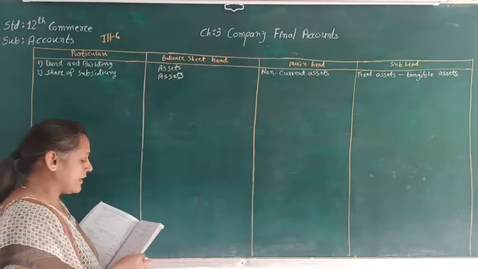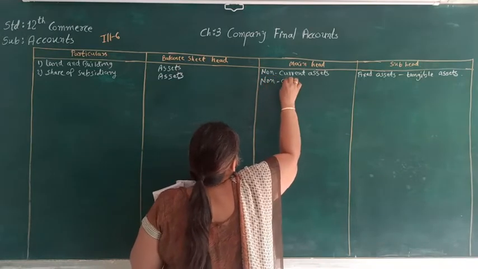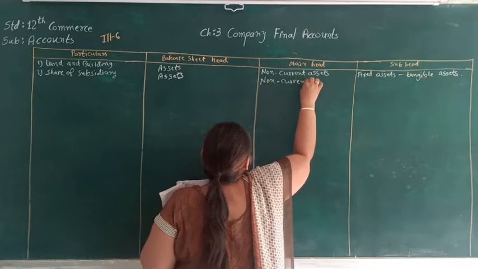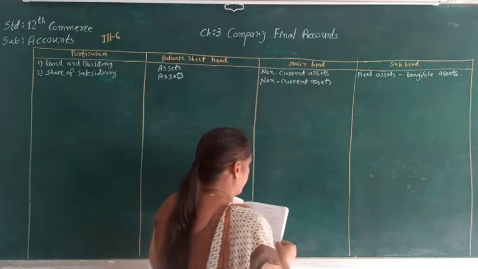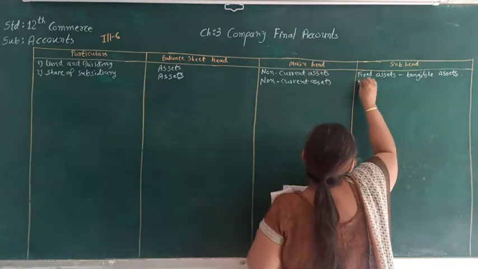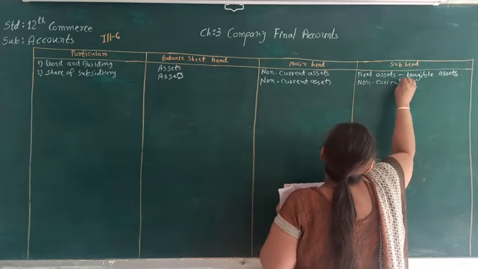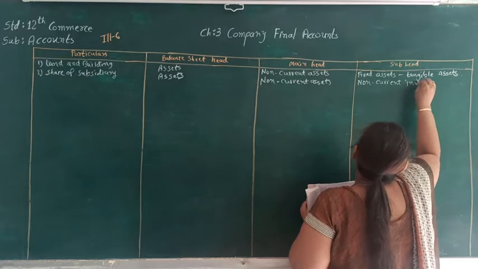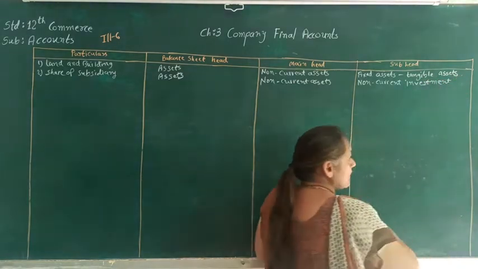And the main heading is non-current asset. Where? Here again, non-current investment.